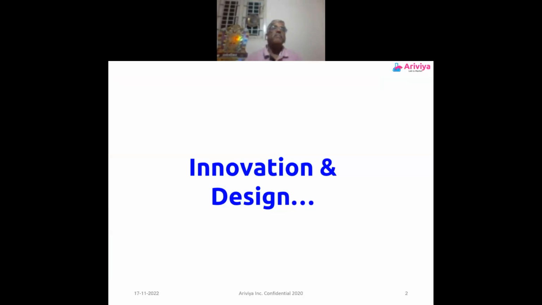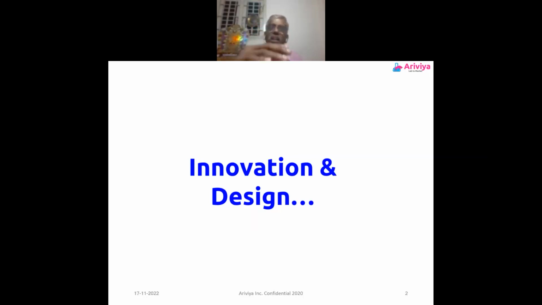So far we have discussed some of the issues. Whenever we are talking about nanomaterials, nanotechnologies, some of the techniques, some of the nanomaterial fabrication, the design is very, very important. So innovation and design play the major role.